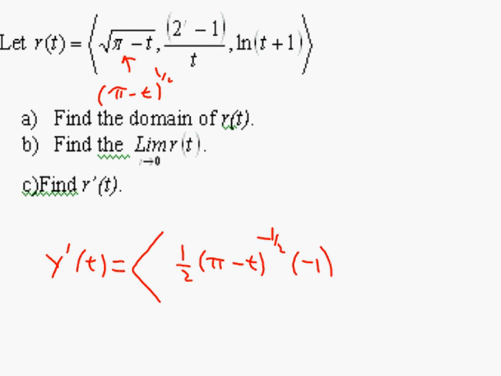Take the derivative of the outer function, something to 1/2 power, that's 1/2 something to negative 1/2. The derivative of the inner function here is negative 1 with respect to t. The next component is the quotient rule, fortunately. If you remember how to do the derivative of this thing.